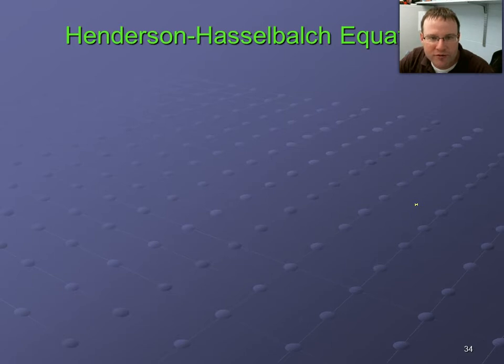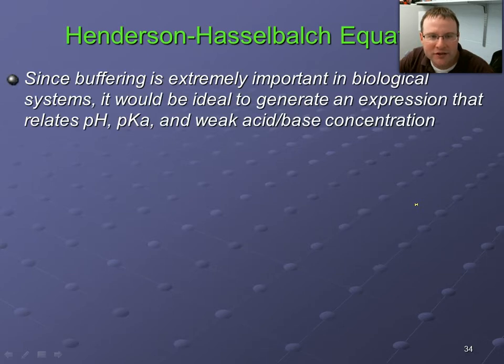So to think about buffering in weak acid, weak base systems, we're going to turn now to an awesome equation that you will love, love, love in biochemistry, known as the Henderson-Hasselbalch equation. And importantly, the reason we're doing this is that buffering is extremely important to biological systems. You want to prevent changes, or not rapid, darn, equilibrium.